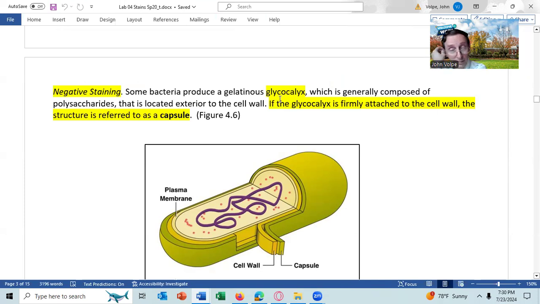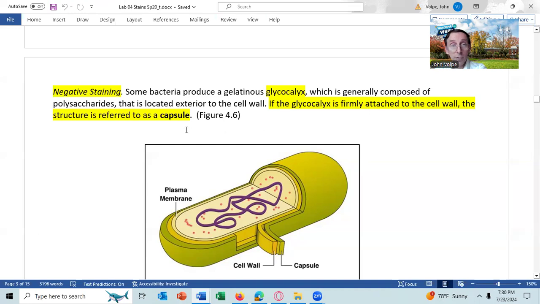Usually, a negative stain like India ink will stain the cell lightly, and the background darkly. Some negative stains use 2 or more dyes, and that would stain the cell and the background of the cell, but not the glycocalyx.